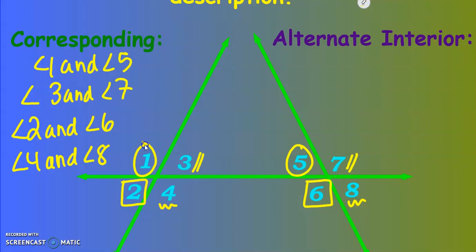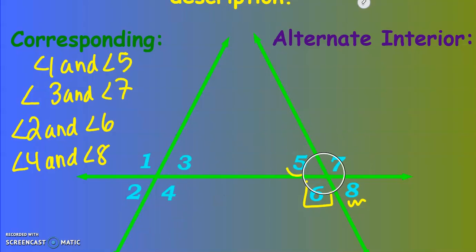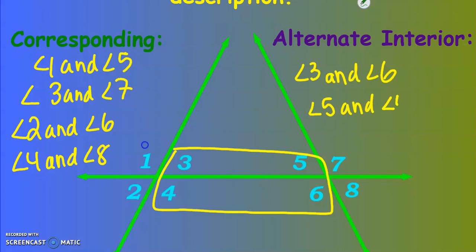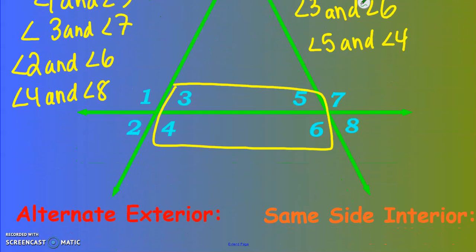Alternate interior angles. So let's look at the interior angles. My interior angles are 3, 4, 5, and 6. So alternate interior angles are angle 3 and angle 6 because they're on opposite sides of the transversal. And then we have angle 5 and angle 4 because they're on opposite sides of the transversal. Alternate exterior angles. So let's look at our exterior angles.